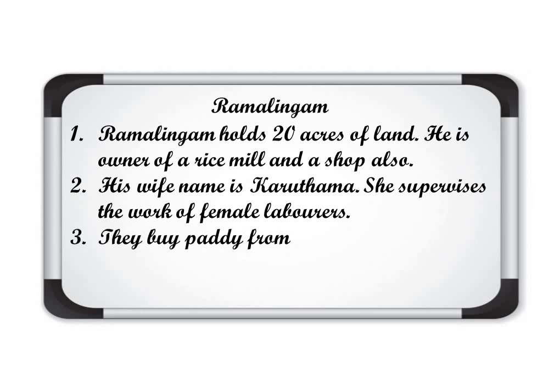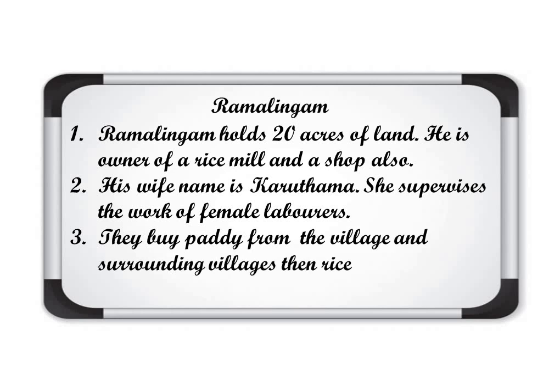They buy paddy from the village and the surrounding villages. Then rice is produced in the rice mill. So firstly they buy the paddy from different villages as well as from his own village, and then they produce the rice in the rice mill with the help of different workers. So this is all about Ramalingam, a very rich person there in Kalpattu.